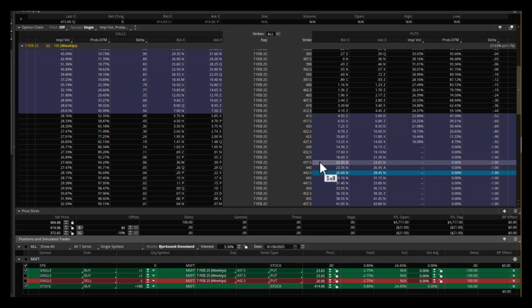Well, you should, as long as the carry cost is higher than the time value that is basically left in that call, the associated call, right? So that 437.5 put, you look at the calls and you go 36 cents. So if I figure out the carry cost, which over 6 days, let's say, is about 5 cents a day, over 6 days, that's going to be 30 cents.